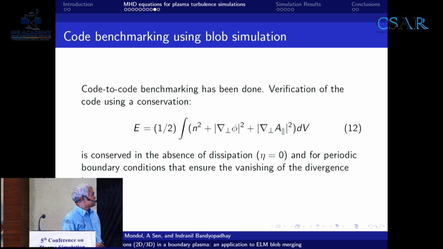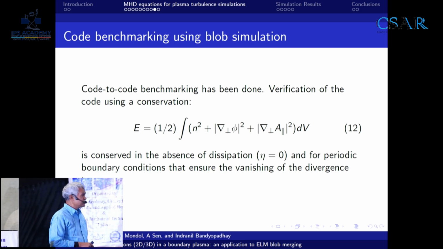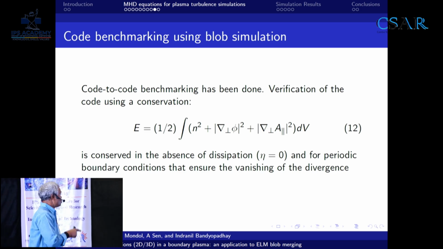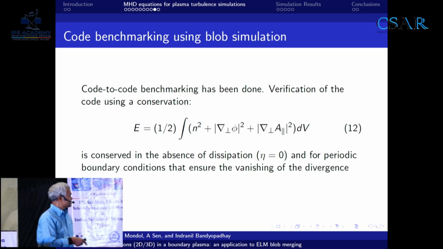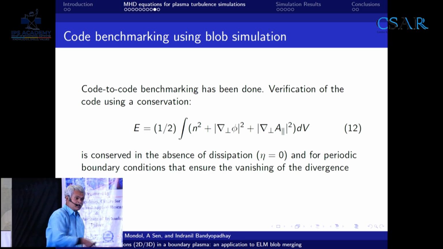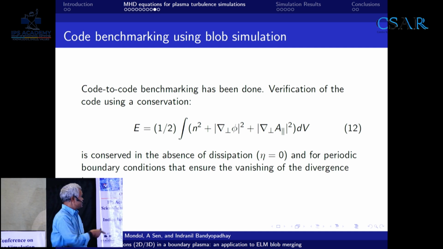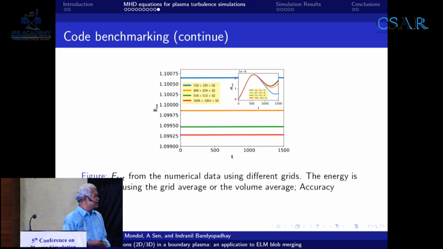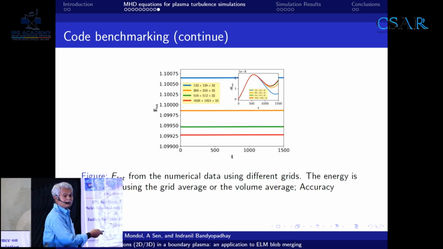So now, with this description of the blob, this code has been benchmarked theoretically. This is energy. As I told, there is a periodic function and radially Neumann, then this type of conservation equation holds good. So we check this conservation. Now in the next slide, this conservation is given here.